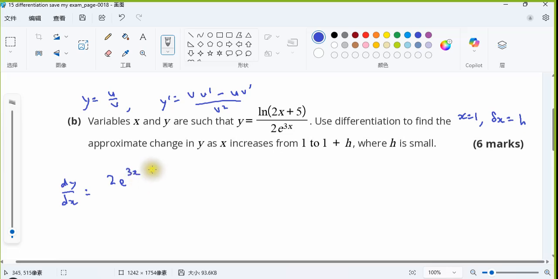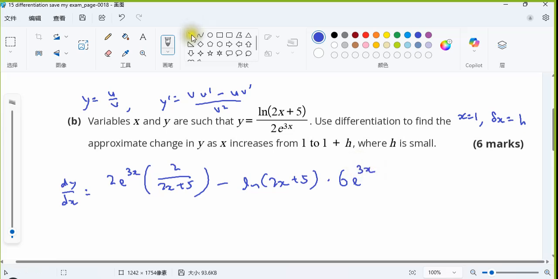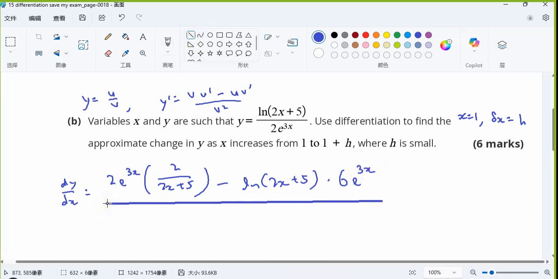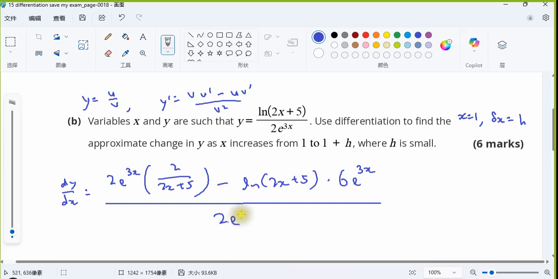Okay, so dy/dx will be 2e^(3x) multiplied by 1 over (2x plus 5) times 2, minus ln(2x plus 5) multiplied by 6e^(3x), and then over (2e^(3x)) squared.